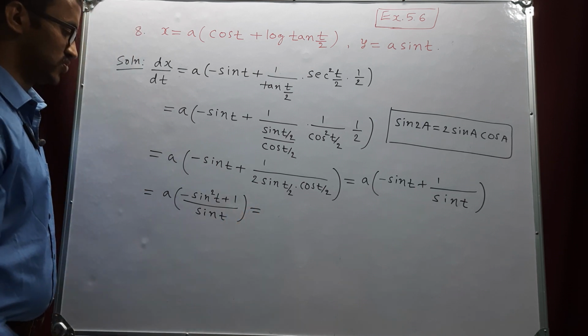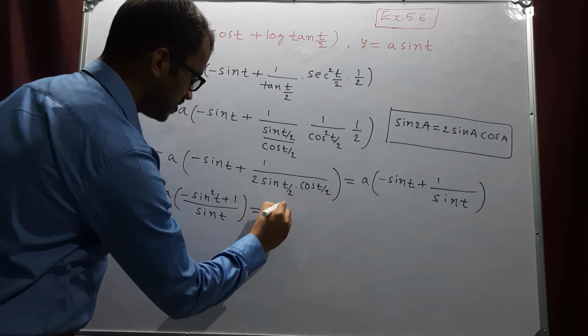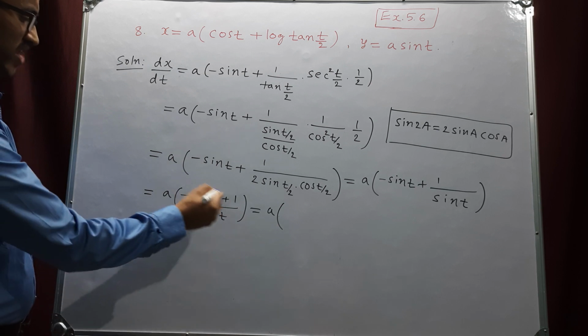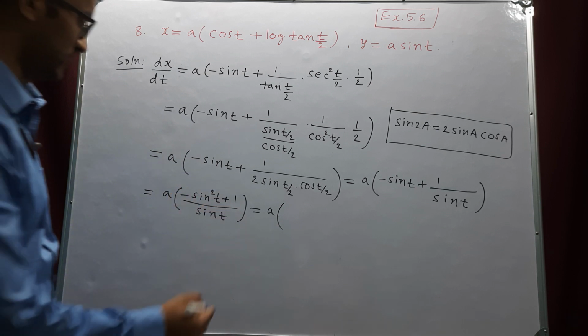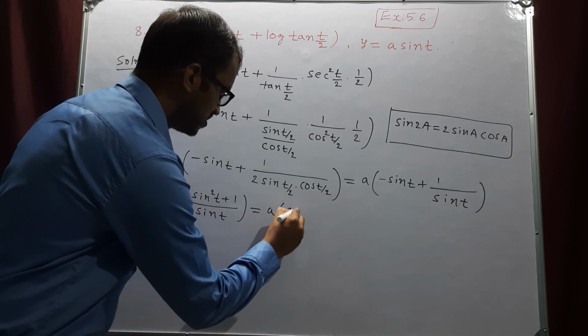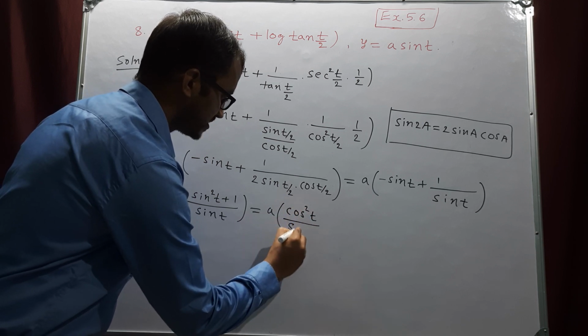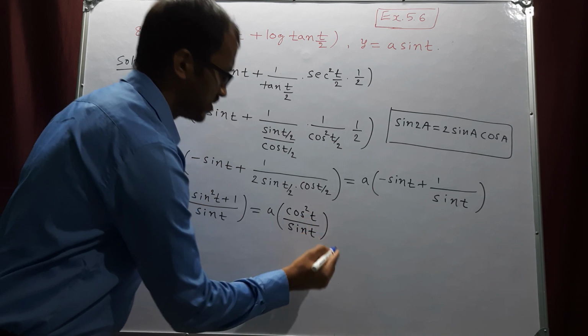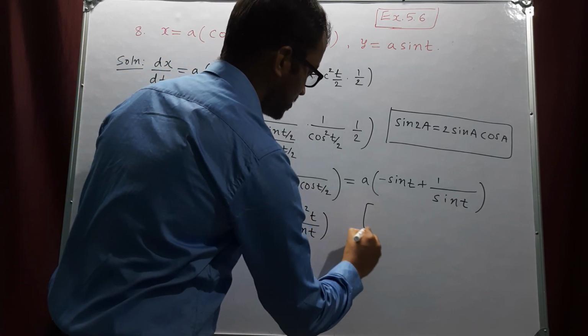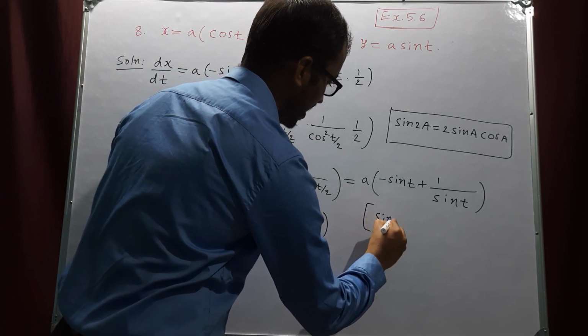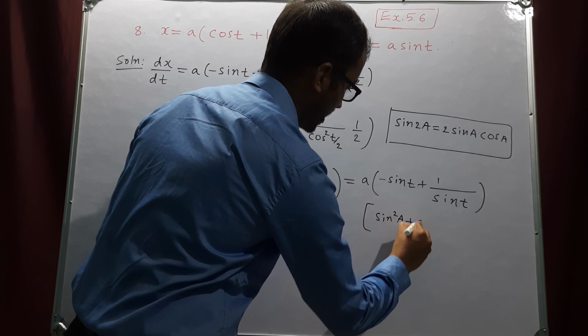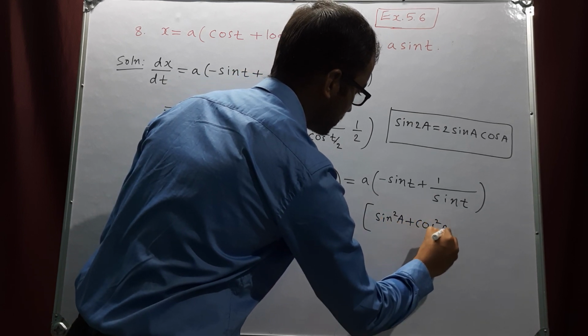So that is equal to a into 1 minus sin square t. So I can write it as cos square t by sin t. Again we know that sin square a plus cos square a is equal to 1.